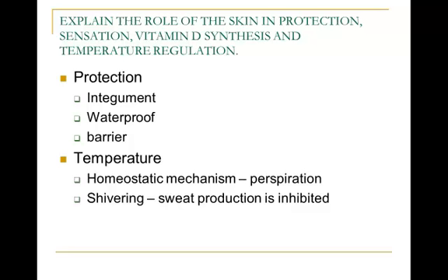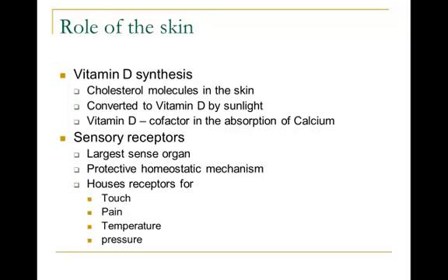Temperature, this is a homeostatic mechanism, and we talked about it in the first unit about how we perspire to cool ourselves. So skin has a huge role in that. Vitamin D synthesis. There are cholesterol molecules in the skin that get converted to vitamin D by sunlight, and this is the theory of getting some sunlight every day.